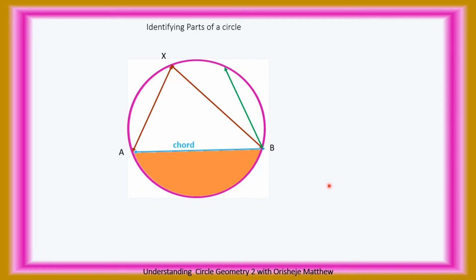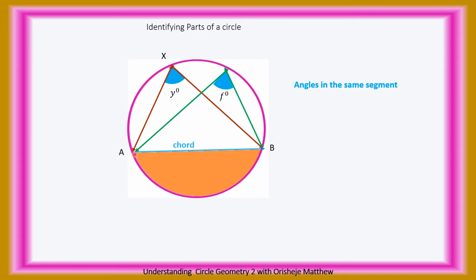Then if we look at it on the same major segment, draw a line to any other point, again the blue, then connect A to meet it at this point here. So you form another angle there. If you measure this angle and this angle with your protractor, they should be the same. These angles are called angles in the same segment.